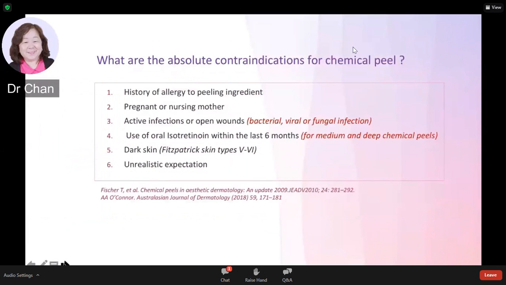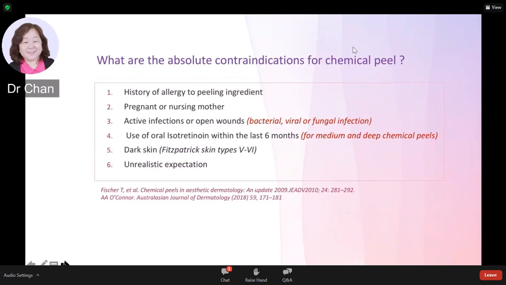What are the absolute contraindications for chemical peel? Obviously, if the patient has a history of allergy to any of the chemical peel ingredients. It shouldn't be done in pregnant or nursing mothers. It shouldn't also be done in patients with active infection or open wound.